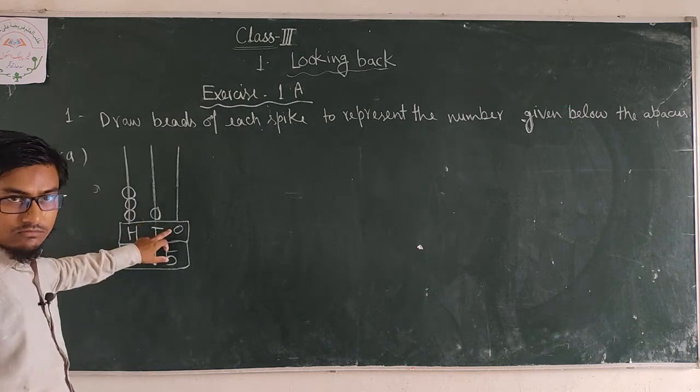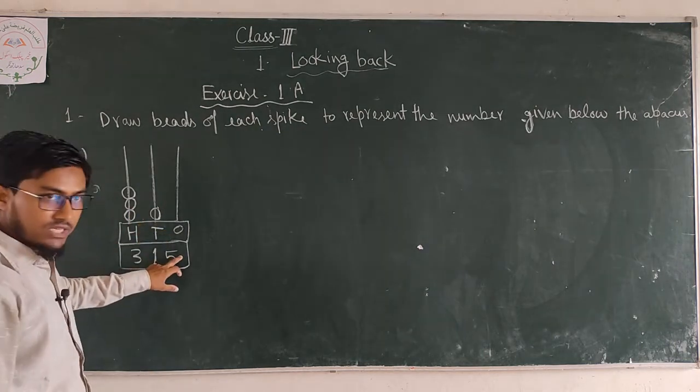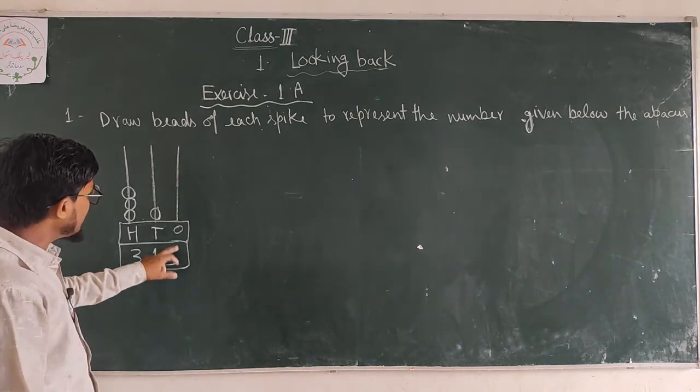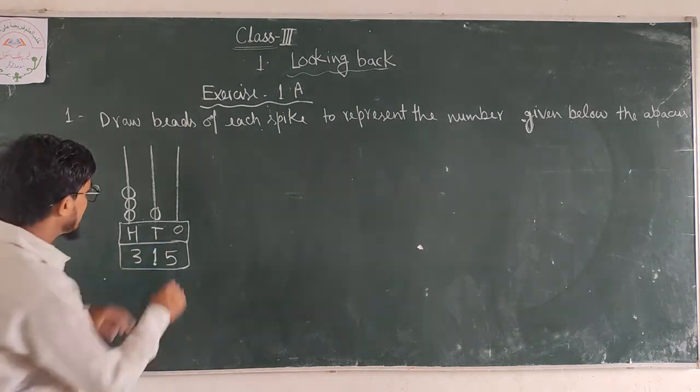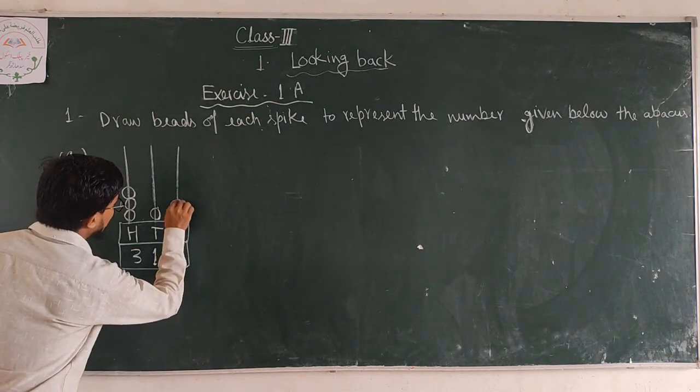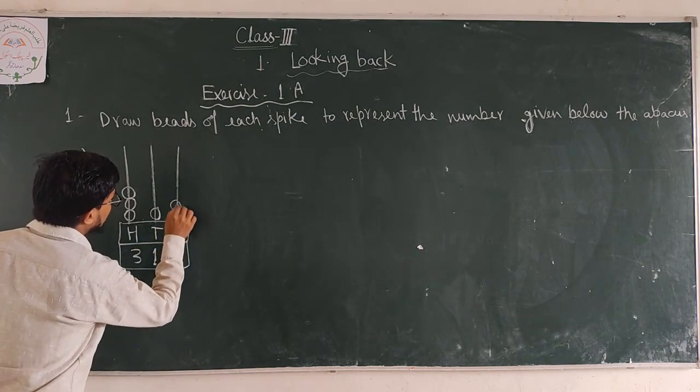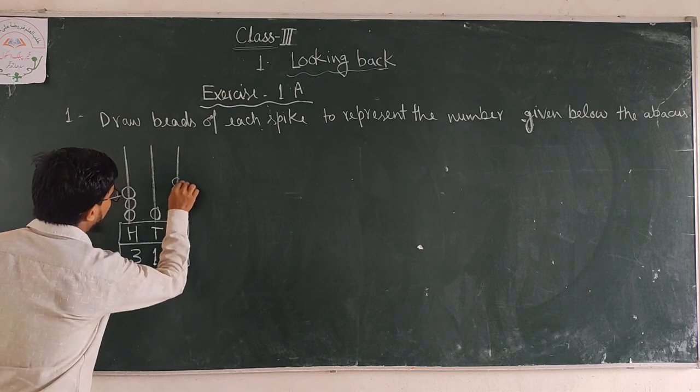On the ones position, how many? 5, so we make 5 beads: 1, 2, 3, 4 and 5.